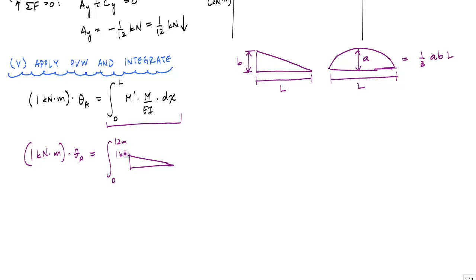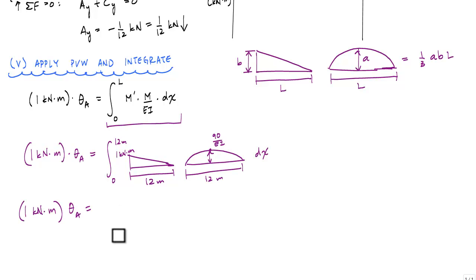This was 12 meters, and then my real curvature is 90 over EI over 12 meters. And so when I apply this 1/3 ABL, I have 1/3 A, which is 90 over EI kilonewton meters, times 1 kilonewton meter times 12 meters.